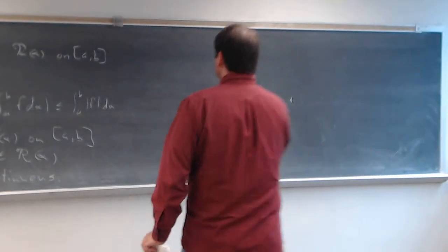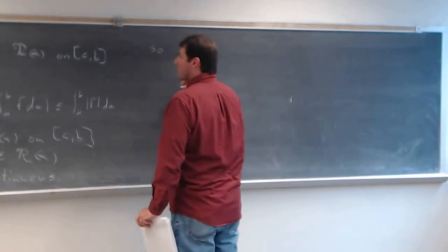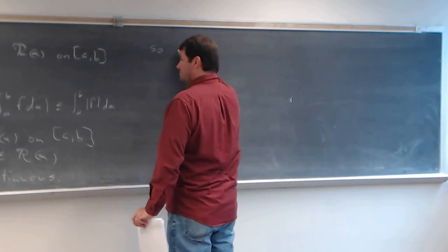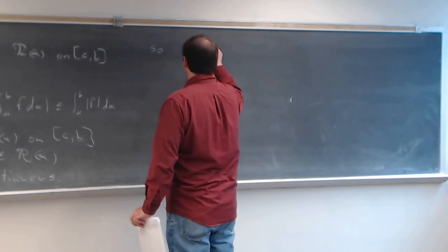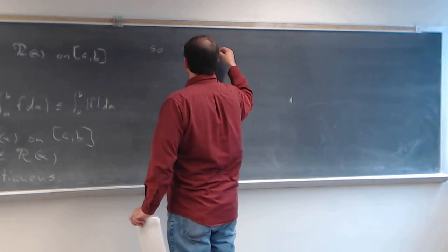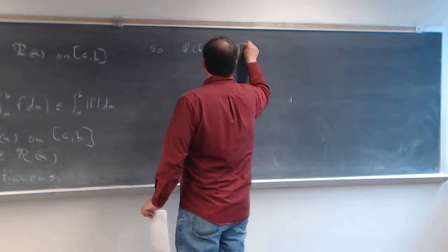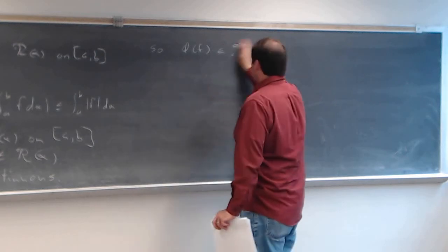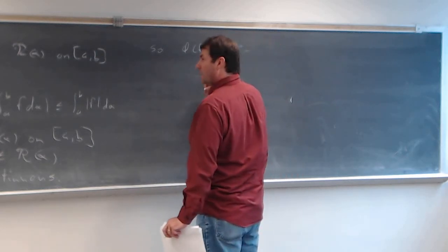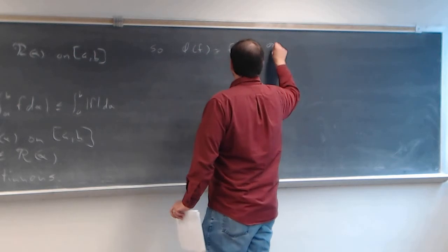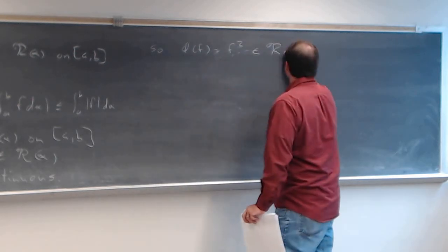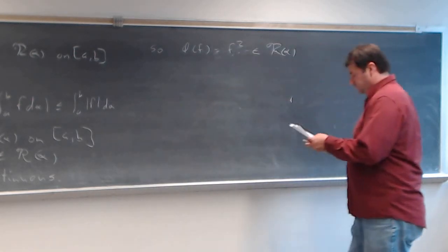So that means that phi composed with f is Riemann-Stieltjes integrable. But let's say what that is. That's equal to f squared is Riemann-Stieltjes integrable with respect to alpha.